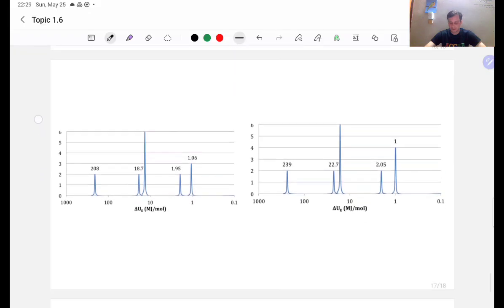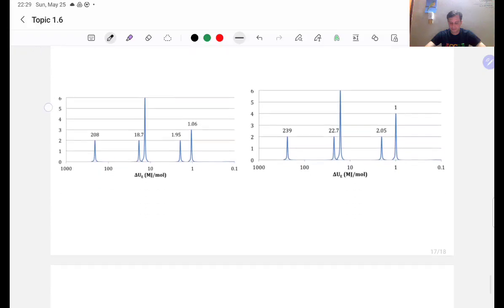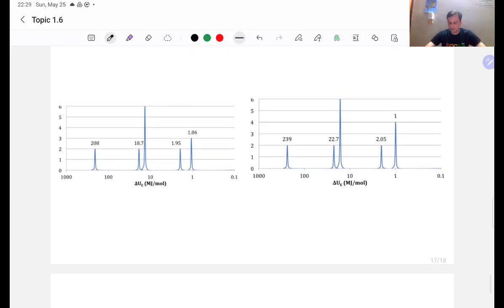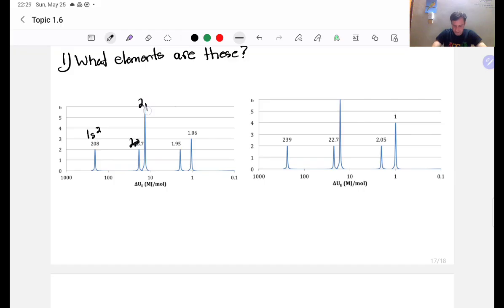So, let's say you have a problem like this, and they could first ask you, what elements are these? And then you'd reason it out. You'd say, okay, this has to be 1s2, this has to be 2s2, this must be 2p6, this has to be 3s2, and now this has to be 3p3.